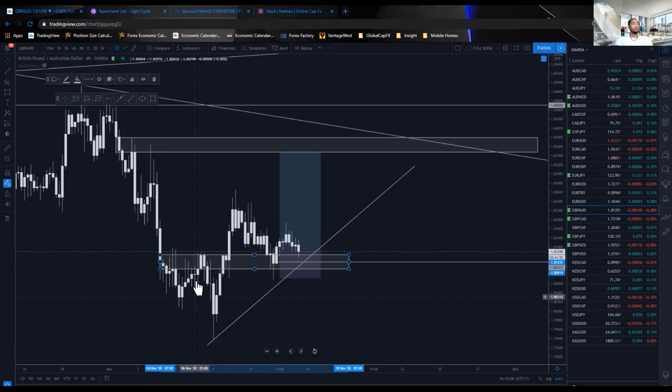Right here we have a whole bunch of wicks, and then a pretty full candle that didn't really break through the level, and the next two candles completely rejected that initial full one going to the upside.